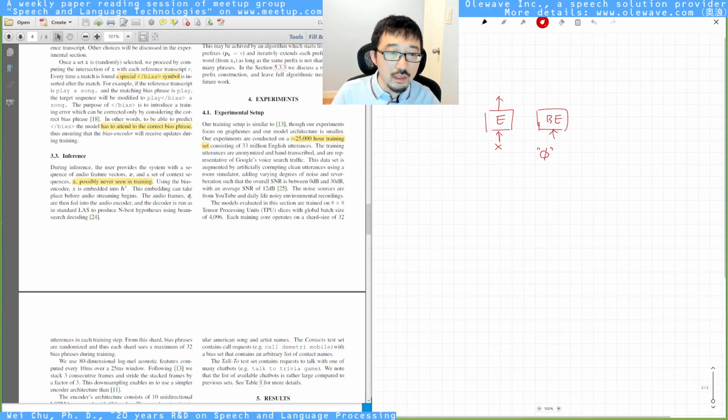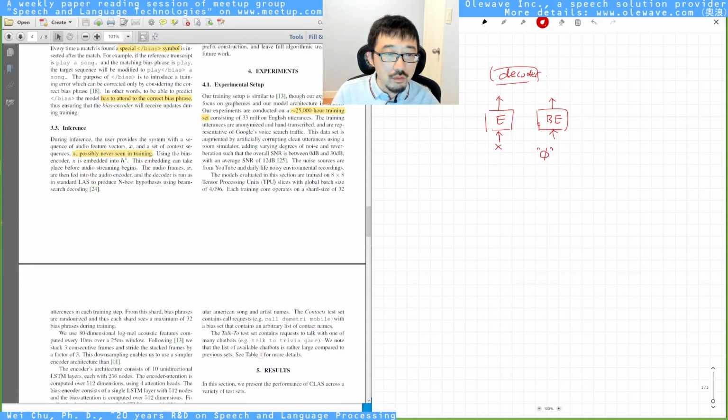That's my understanding. And then they use this empty symbol to be fed into the bias encoder, and this later gets fed into the encoder. That's what they did. Correct me if I'm wrong.